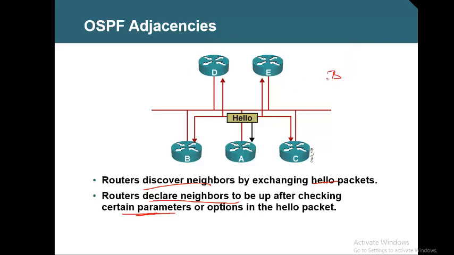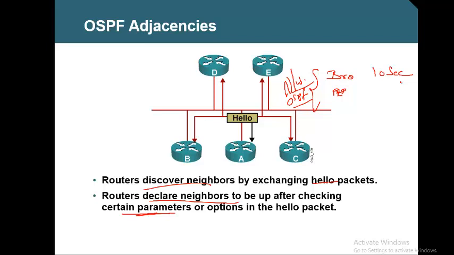In both broadcast and point-to-point OSPF network types, the hello packets are sent every 10 seconds. After forming neighbors, they keep sending hello packets every 10 seconds.